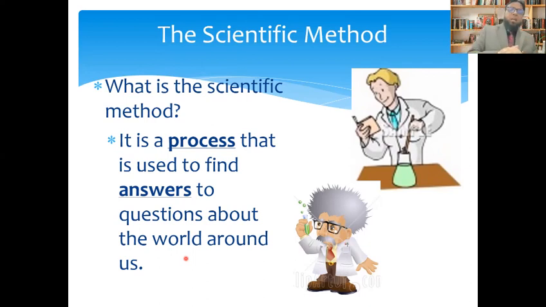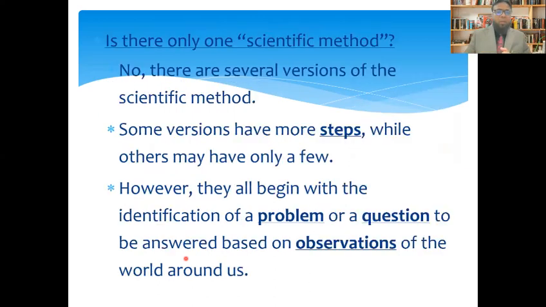If the fan is moving, what is the mechanical process going on? Based on the observation, the scientist asks a question and then tries to answer it. So this is the base of the scientific method.